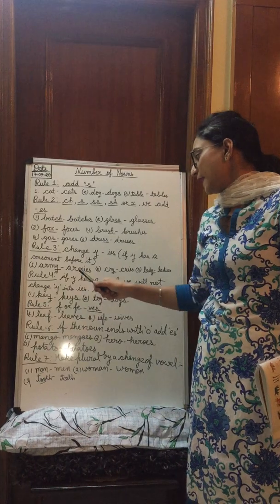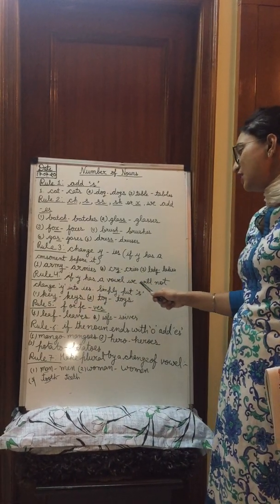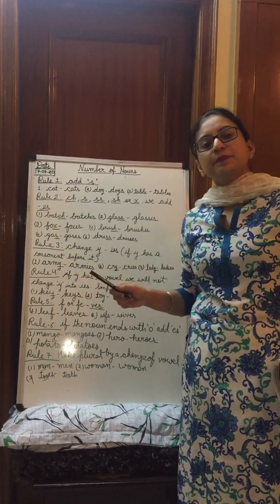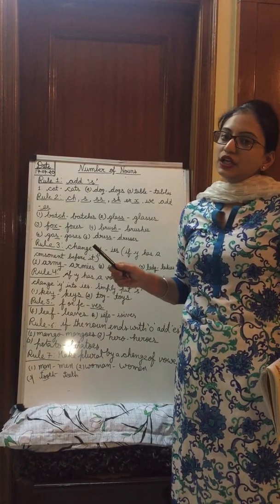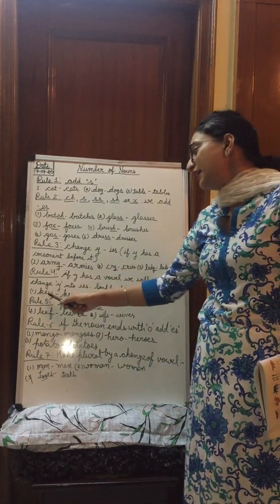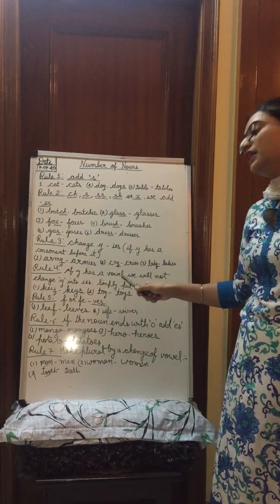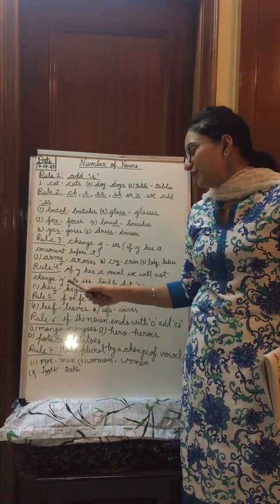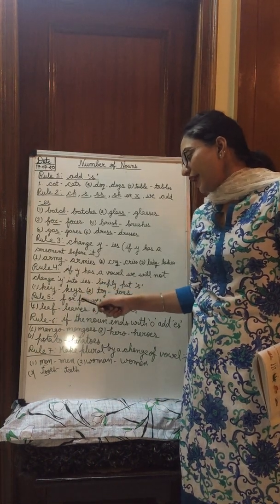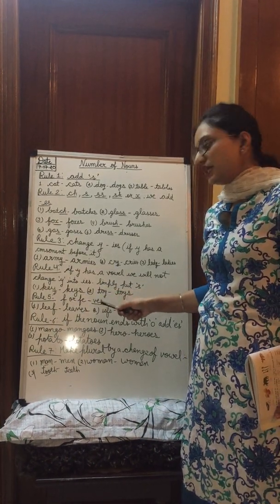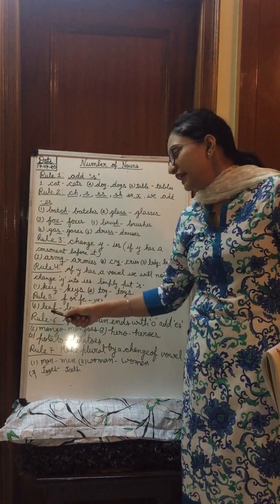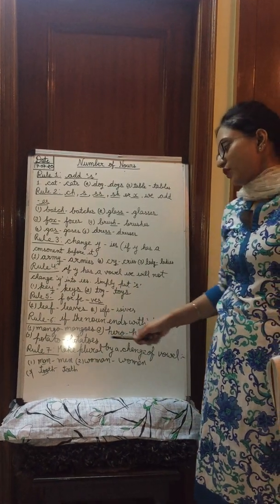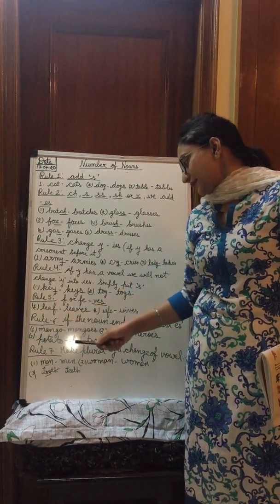Rule number 4. If Y has a vowel, we will not change Y into IES. We simply add S to the end of the word, like key, keys, toy, toys, etc. Rule number 5. We will change F or FE into VES, like leaf, leaves, wife, wives, etc. Rule number 6.